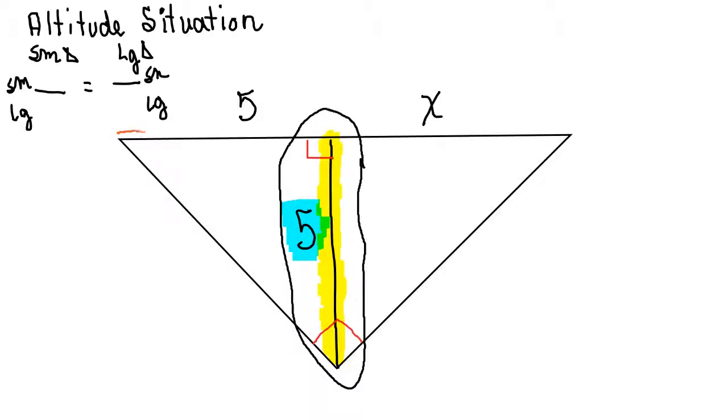So I see I have a leg here. I have an altitude, and then that altitude goes back down to a leg. Altitude is the height of a triangle. So if that middle guy on the inside somehow is given by a number or an x, we have to look at the altitude situation.